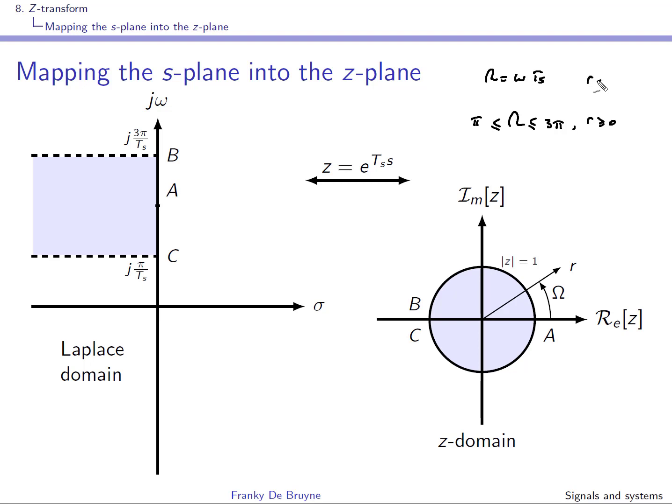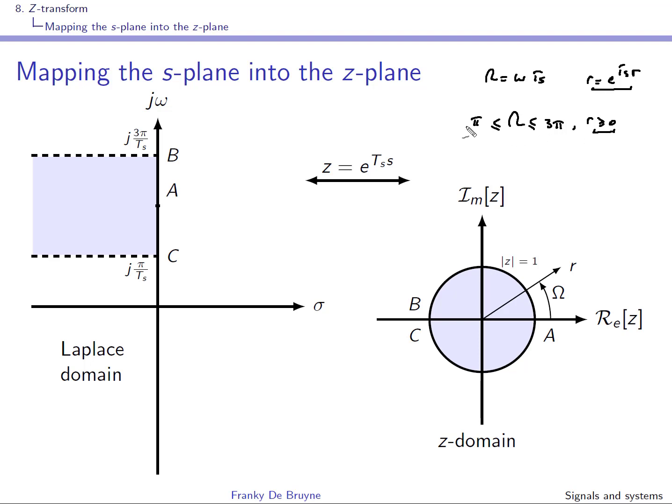Remember that r is exponential of Ts sigma, so this corresponds to negative and positive values of sigma. And you see that this radius, of course, is always positive or 0.